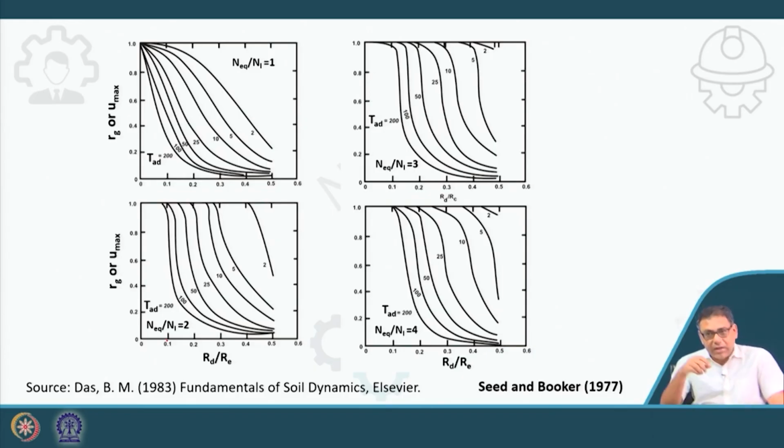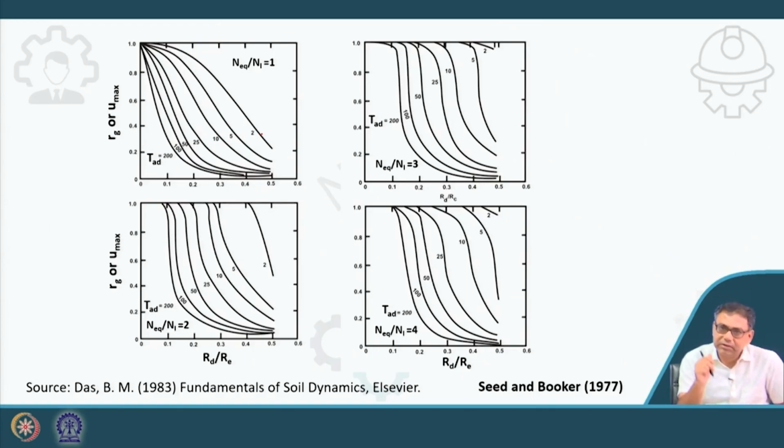So that we can apply more cycles as compared to the cycles required to cause the liquefaction. We can even design for 4 times the number of cycles required to cause the liquefaction. The first is exactly the initiation of liquefaction without applying any improvement technique.